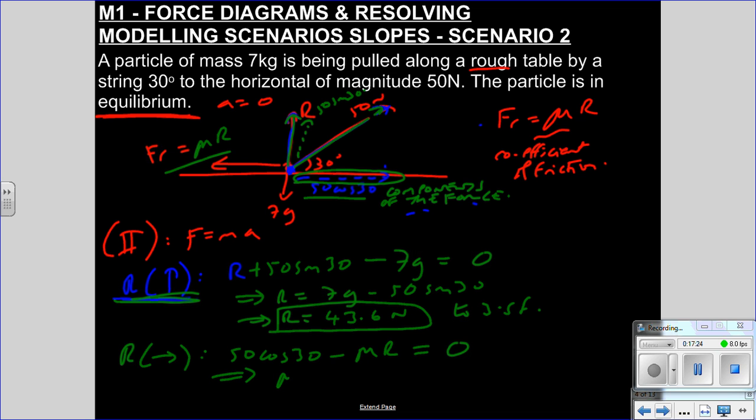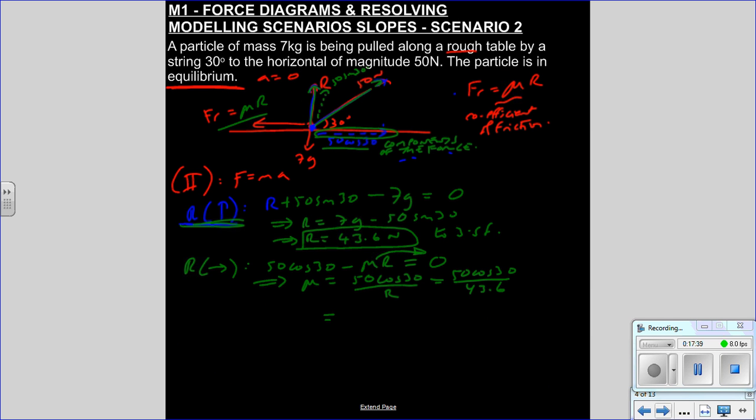So therefore, to find mu, we would have 50 cos 30 divided by R, that's just move that over there and divide by R, which is going to be 50 cos 30 over 43.6. And that equals, so 50 cos 30 divided by 43.6, 0.993 to 3SF. And there's our value of mu. Okay, cool. Next example.